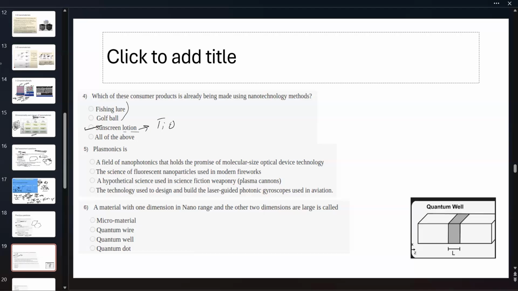Plasmonics, again, it's just a definition. A plasmon is a collective oscillation of surface electrons on a metal nanoparticle.